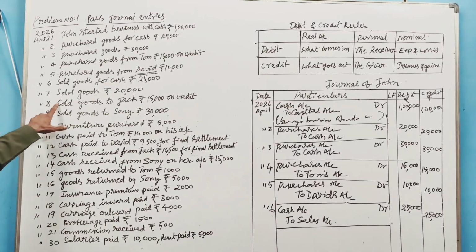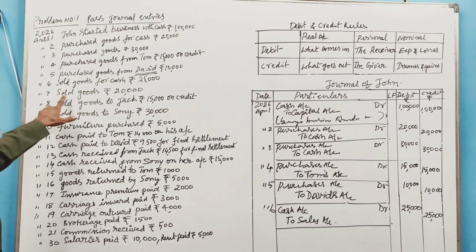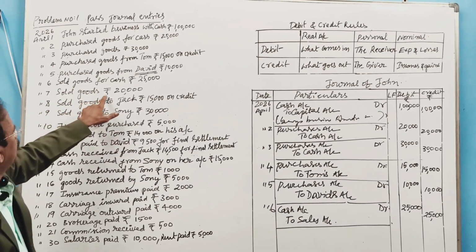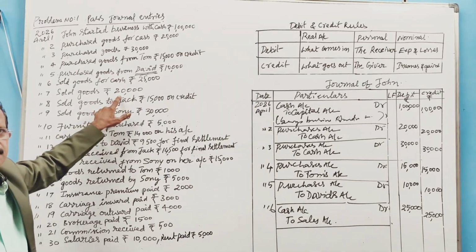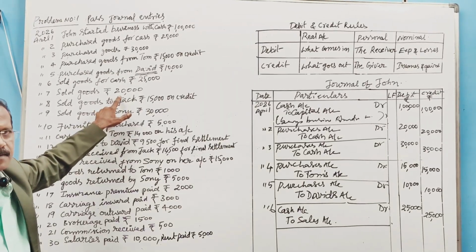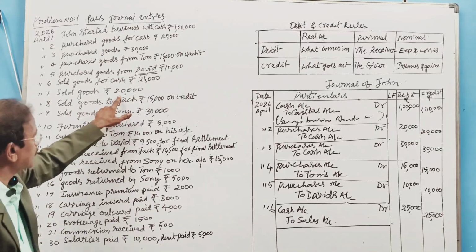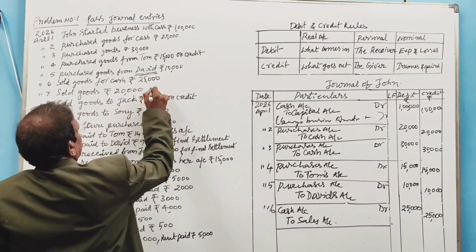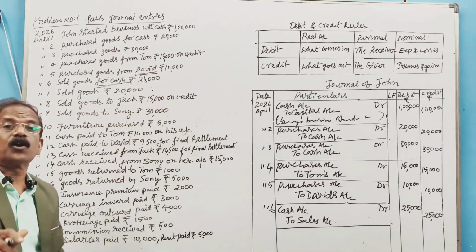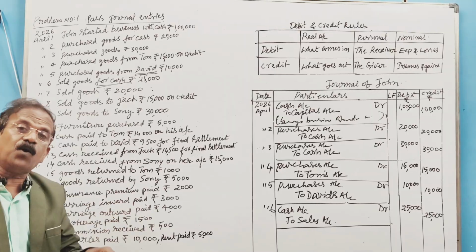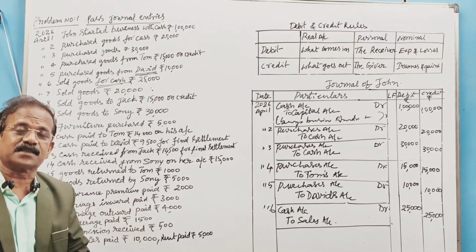Next, seventh one: sold goods rupees 20,000. Sold goods. What happened? We are receiving cash, we are giving goods. But there is a doubt. Here the words "for cash" are not given. Even though "for cash" is not given, we should assume that it is for cash.